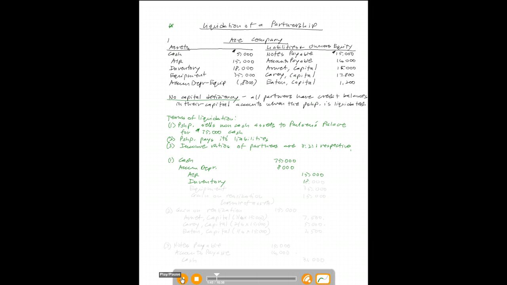Inventory credited for $18,000, and the equipment is credited for $35,000. So if you add your debits, they equal $83,000 minus your credits.